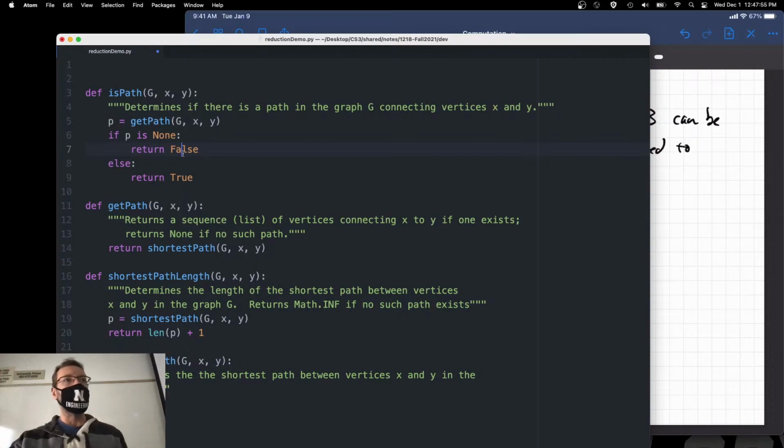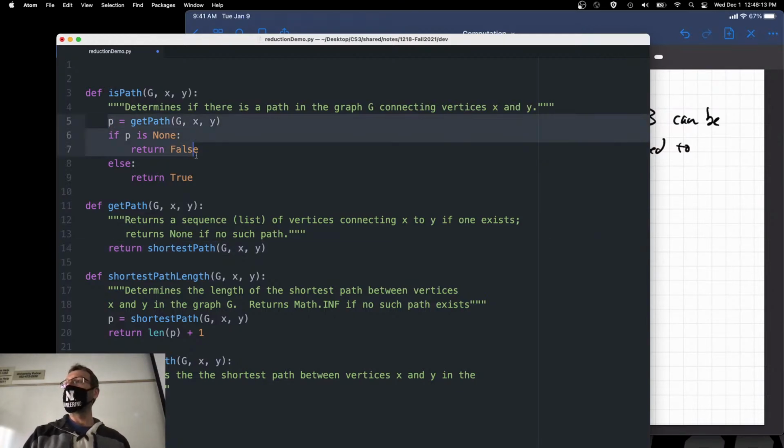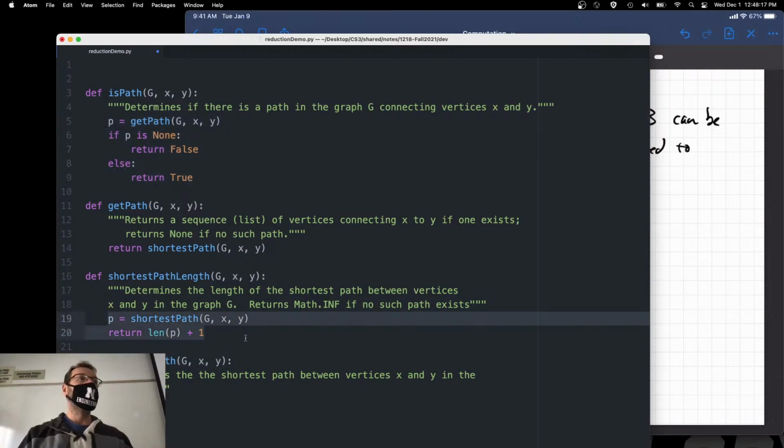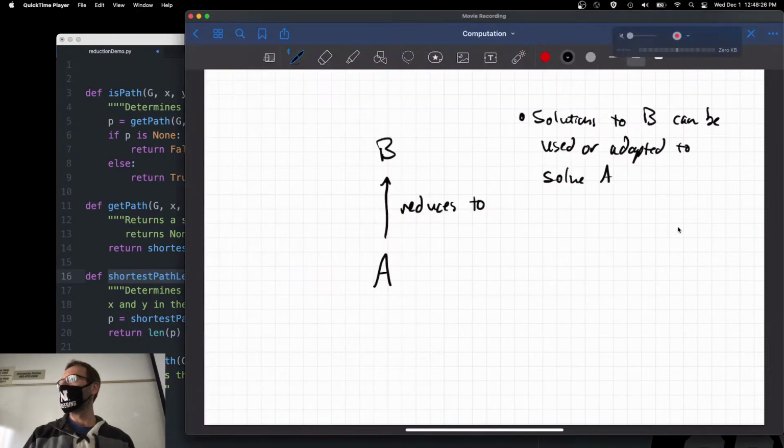We took a decision version and reduced it to a functional version. Otherwise, here we were just using the exact same solution. Here we had to adapt it a little bit. Here we had to adapt it even more. Not only did we have the functional version, but we asked, what's the length of that path? And that's my solution for this one.